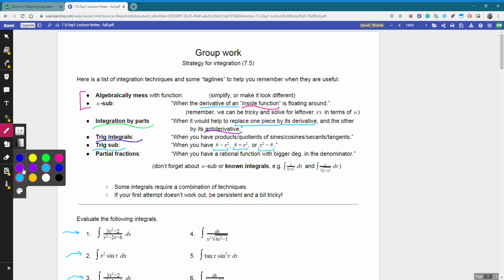And then last but not least, we have our partial fractions strategy, which is designed to take a rational function and break it up as a sum of simpler pieces, right? And we can do this if we have a bigger degree in the denominator. Right, and so these are what to keep in mind and some things that suggest one strategy or the other.